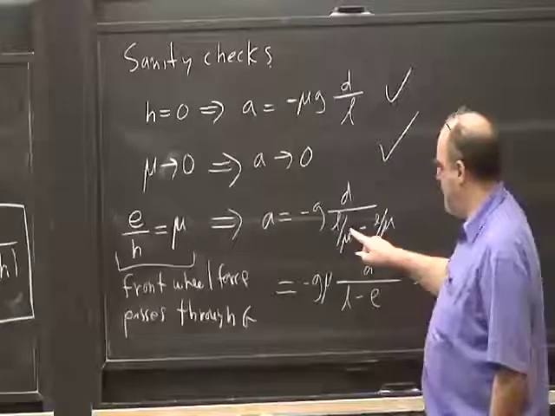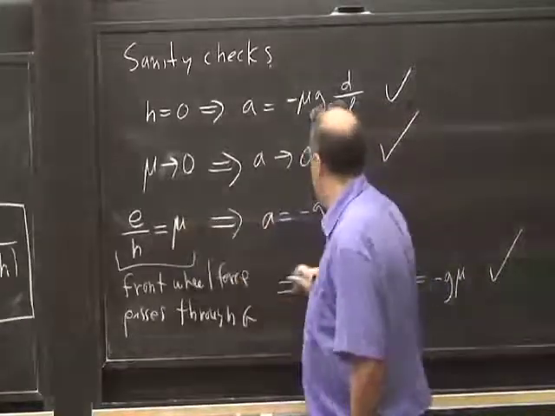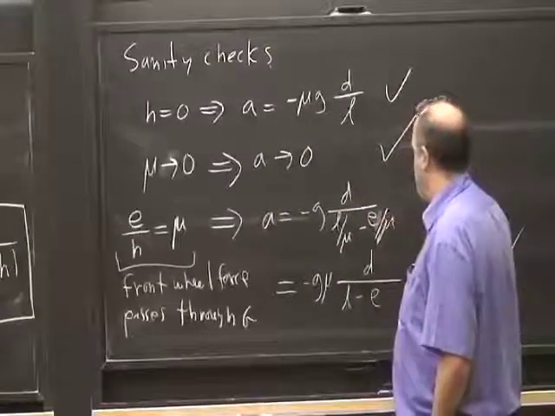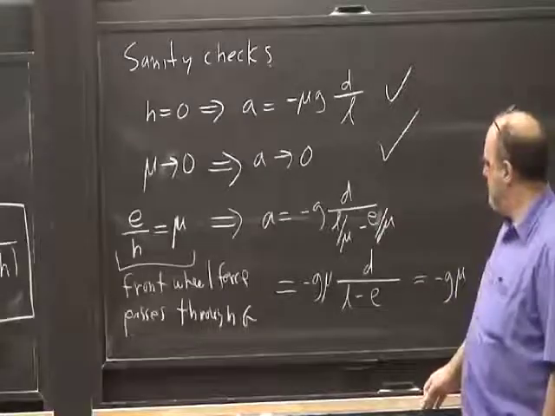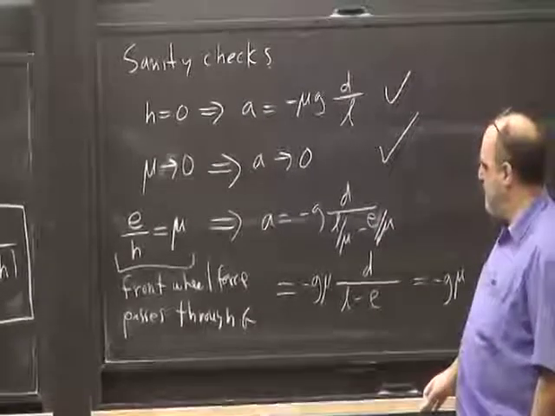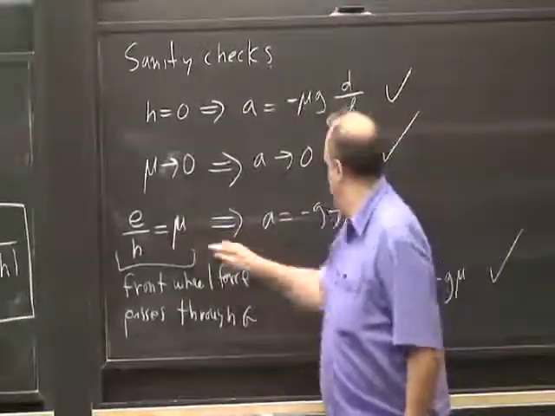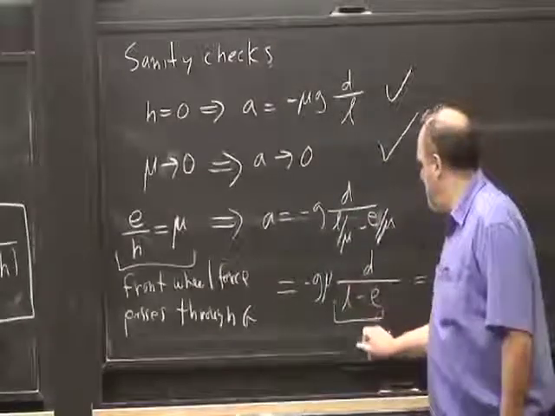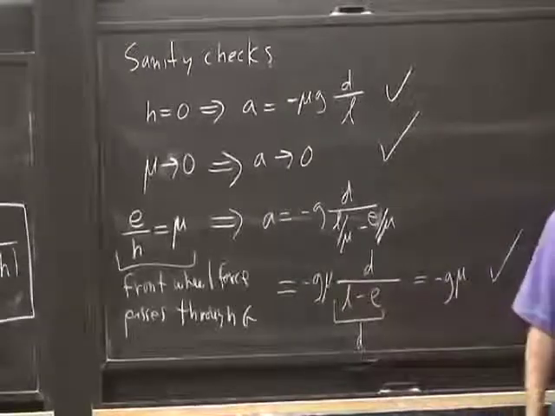What did I put here? I put here L over mu, and this is E over mu. Is that what I wanted? H becomes E over mu, and this becomes L minus E. L minus E is equal to D. Is that correct now?